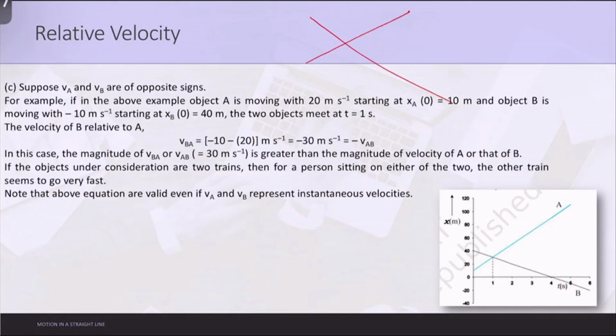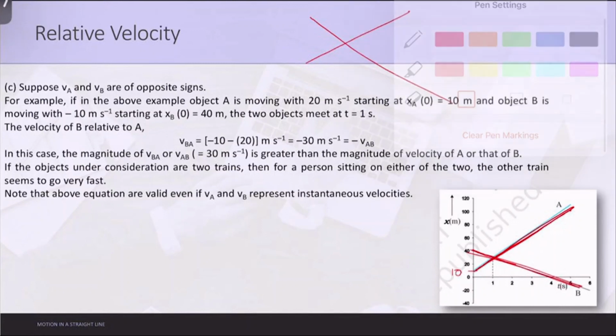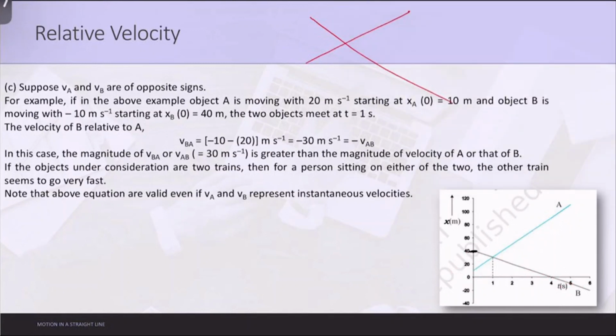So for example, if in the above example, object A is moving at 20 meter per second, starting at 10. And object B is moving at minus 10 meter per second. The minus means it is in the negative direction like this. And initial was 40. This is your 40 value given.